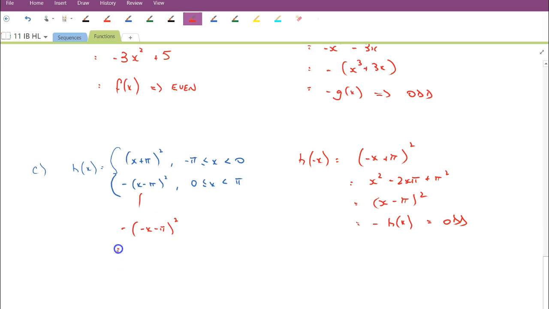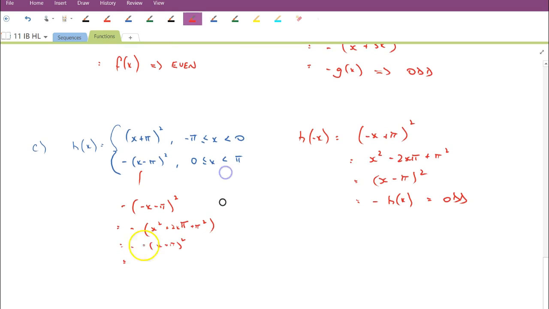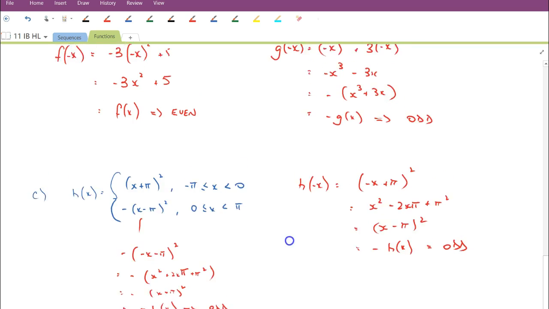So this becomes minus x squared plus 2x pi, plus pi squared, which is minus, this is x plus pi all squared, which is minus h of x. So whichever one you start with, you end up with the negative of the other part of the hybrid function, and that shows that it's odd.